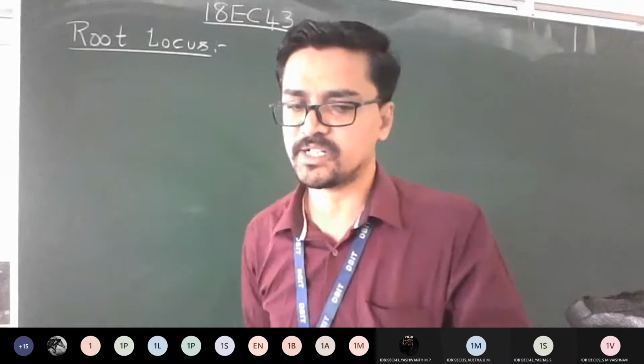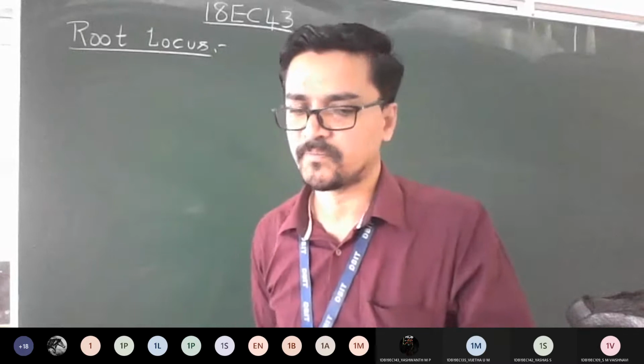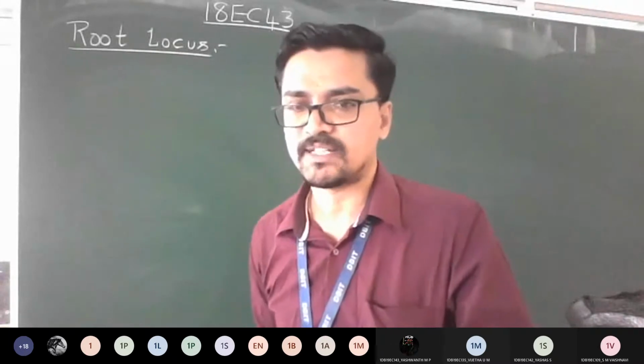When is that graphical representation required? Whenever you are going to examine how the roots of a system change with respect to the variation of a certain system parameter like gain, then we require this root locus. Am I clear? Everyone, yes, am I clear? Shall we proceed? Is it okay till here?